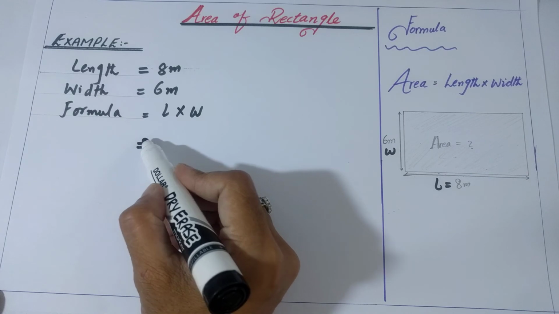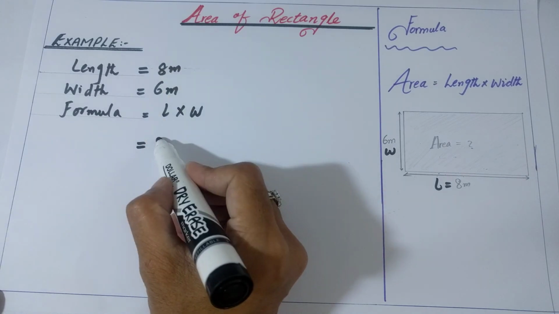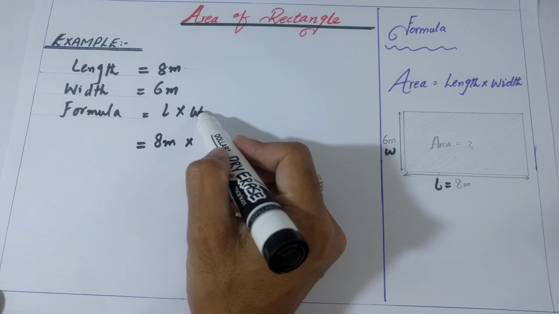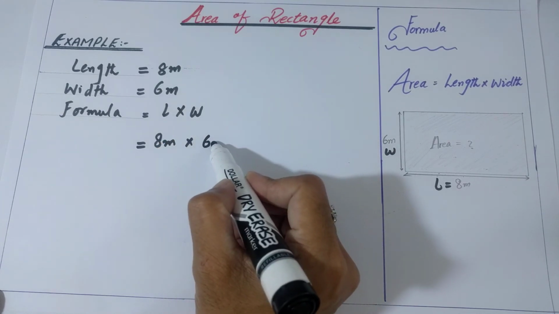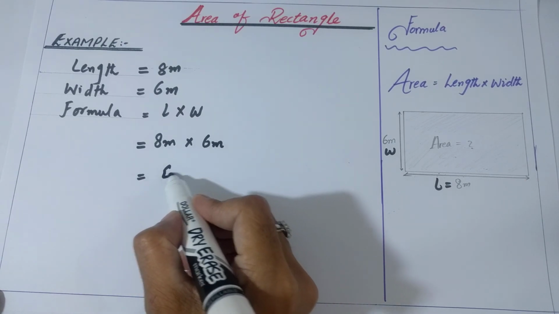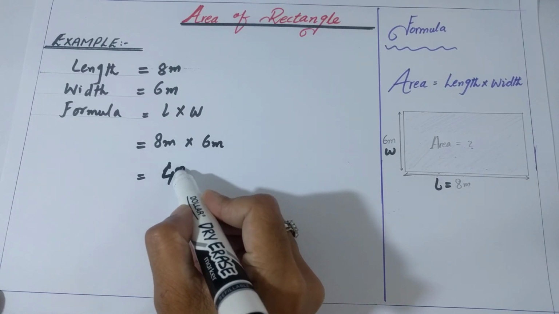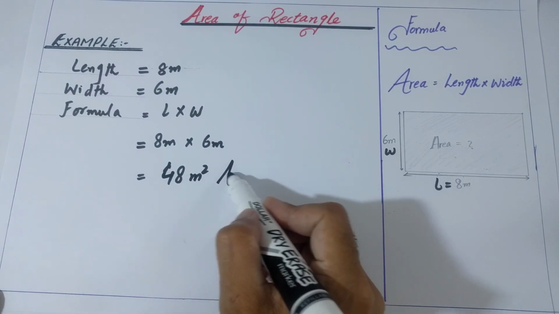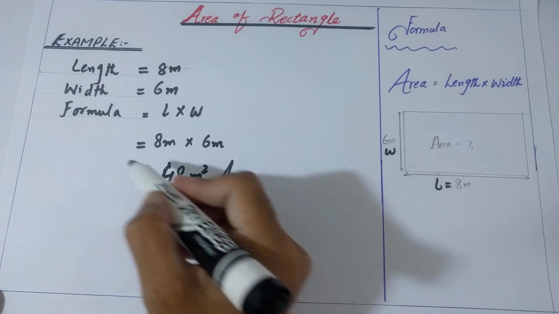Now write the values. What is the length? 8 meter. Multiply by what is the width? 6 meter. So 8 6s are 48. 8 6s are 48 meter square or square meter. That is our answer.